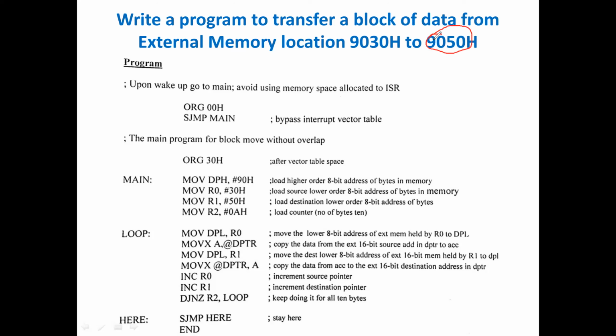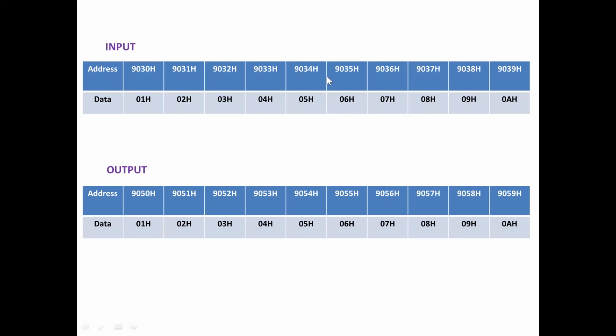Before developing any program algorithm, you want to know what is the input and what is the output. So here we require the input address, and in that particular address, what is the data.